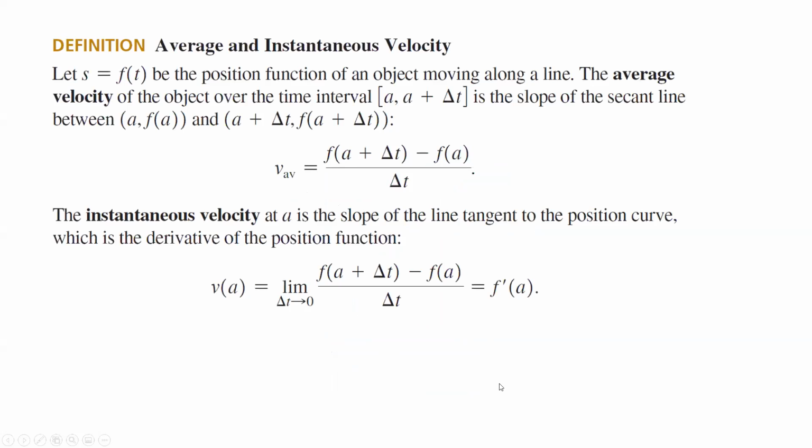So the average velocity, the displacement over the change in time, and then taking delta t to 0, we get the instantaneous velocity.